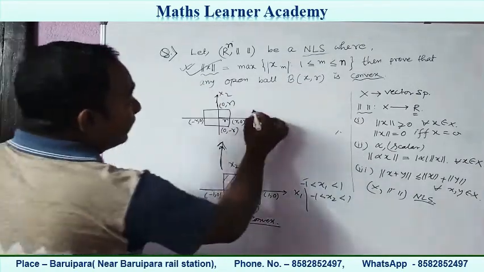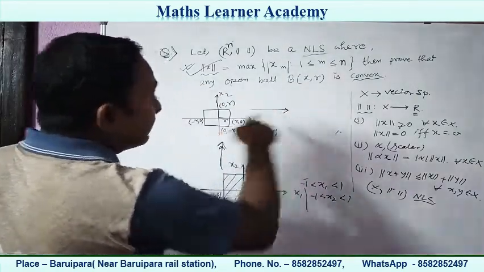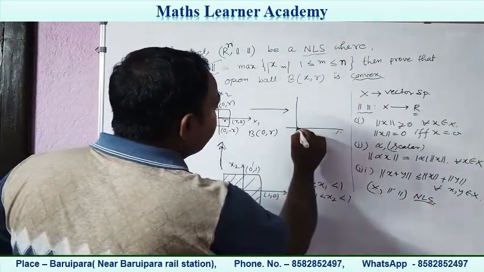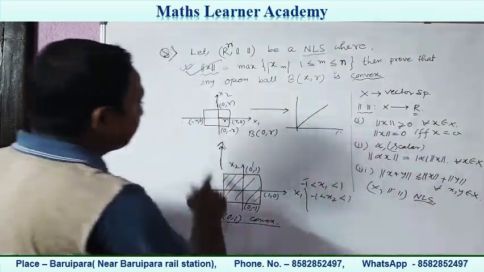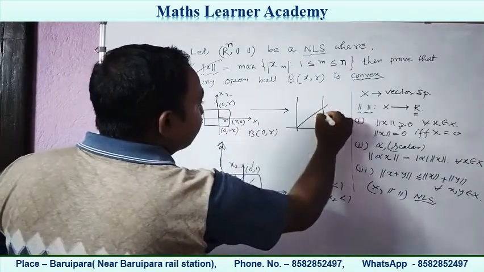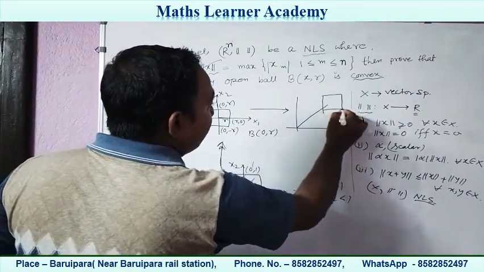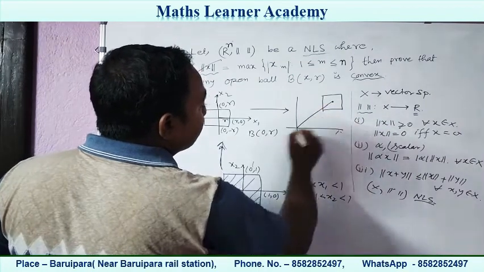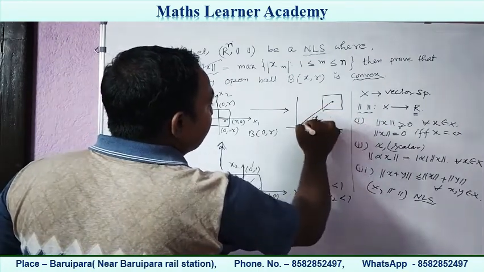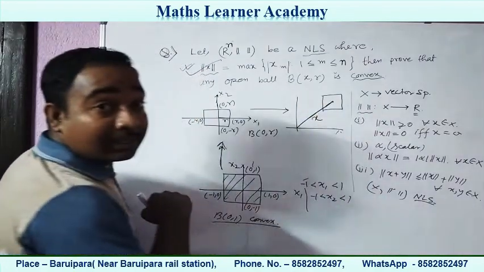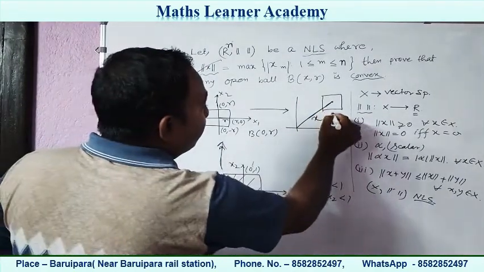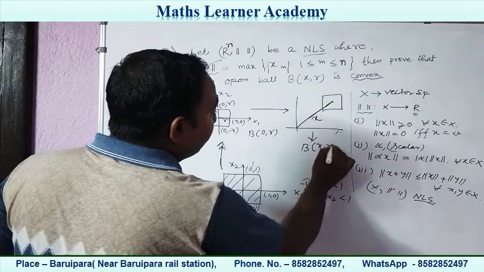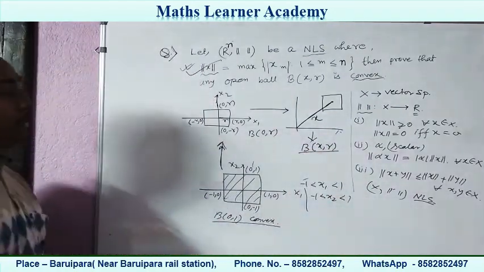Now translate this, after translating by the distance x, we will get the figure like this, and suppose this is x, and this total distance is the x distance. Therefore this will represent the ball B(x,r), right?